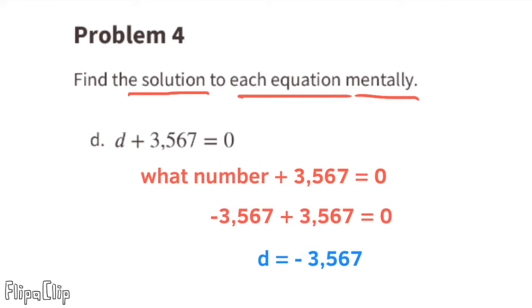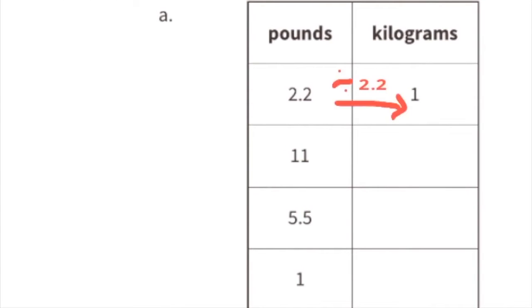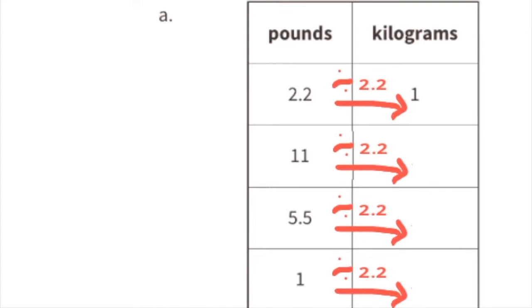Problem number 5 from 7th grade, Unit 2, Lesson 3. 1 kilogram is 2.2 pounds. Complete the tables. What is the interpretation of the constant of proportionality in each case? 2.2 pounds divided by 2.2 equals 1 kilogram. 11 divided by 2.2 equals 5 kilograms. 5.5 pounds divided by 2.2 equals 2.5 kilograms.